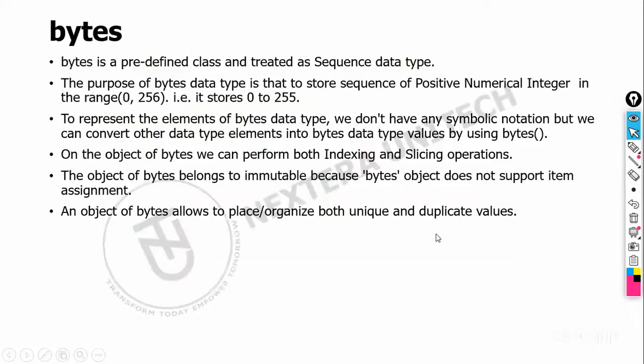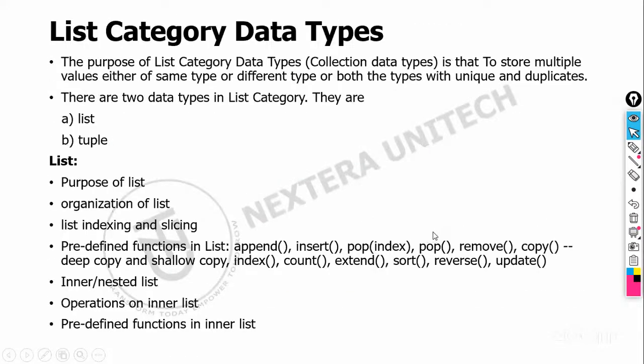So all these data types have been covered, and today we are going to start a new category data types. It is called list category data type. Before that, indexing versus slicing is, what is indexing? Indexing is nothing but accessing a single value. Slicing is accessing a range of values.